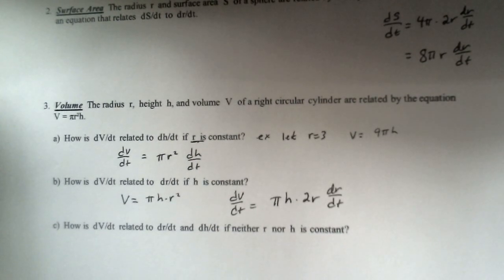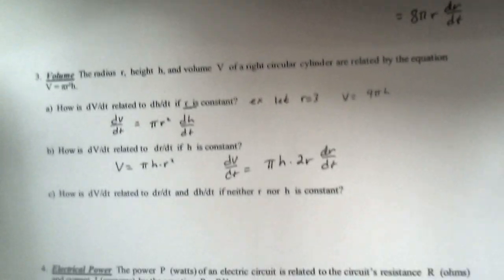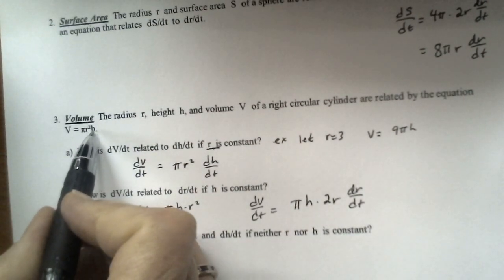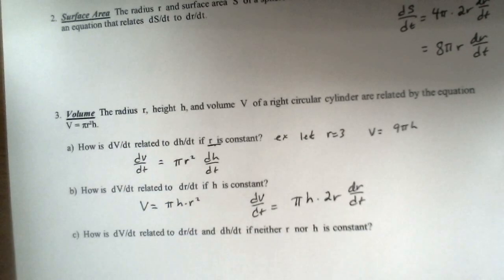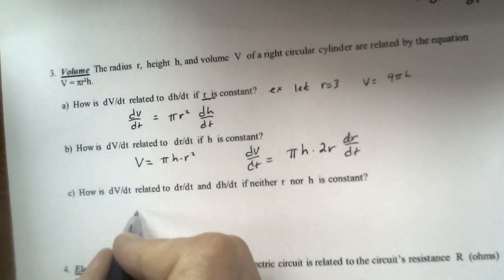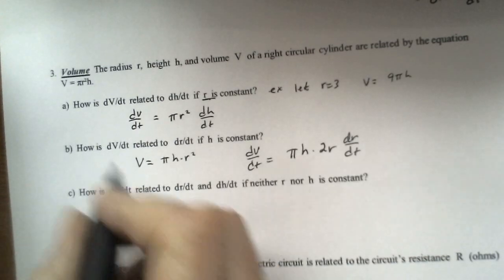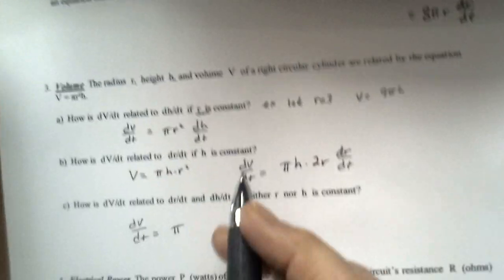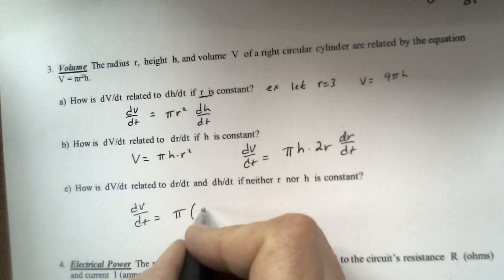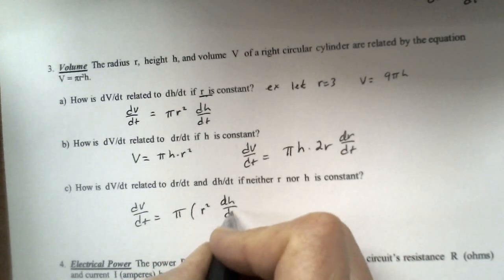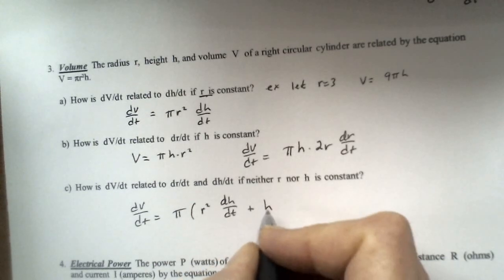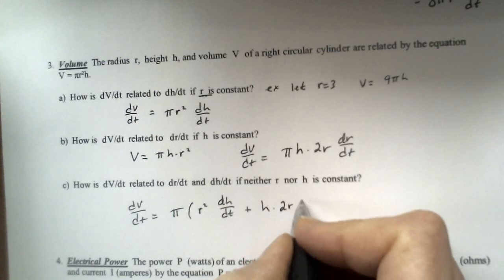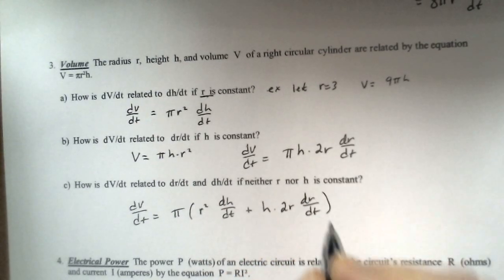Now, if neither r nor h is a constant, they're both variables, then you have to use the product rule here, because this is a product of r squared times h, which are both variables. Pi stays the constant, so dV/dt is equal to pi out front, and then you do first times the derivative of the second plus second times the derivative of the first, where the derivative of r squared is 2r dr/dt.